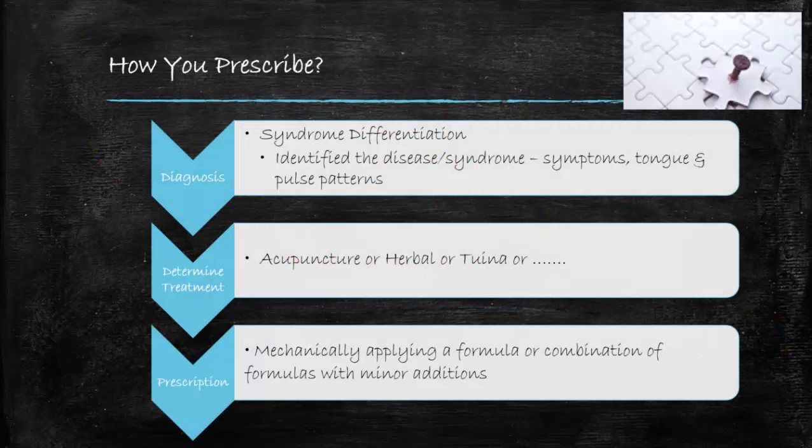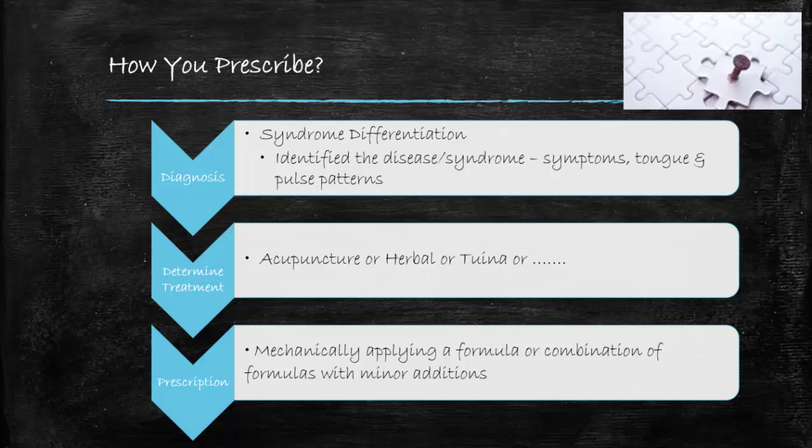How do you prescribe? These following steps here: diagnosis, determine treatment, and prescription, is probably most of what you have learned in school and how you have been practicing. You start with a diagnosis, which is collecting all the patient information about their complaints, and further to that using the 4 diagnostic methods.